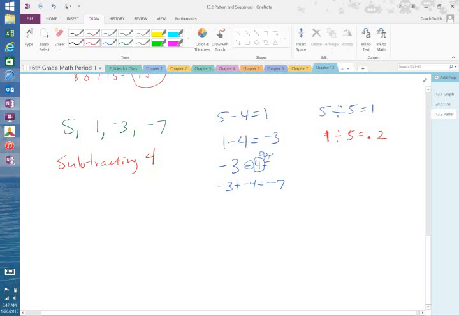We're subtracting 4 from the previous number, or, because these two are the same thing, we're adding negative 4 to the previous number.